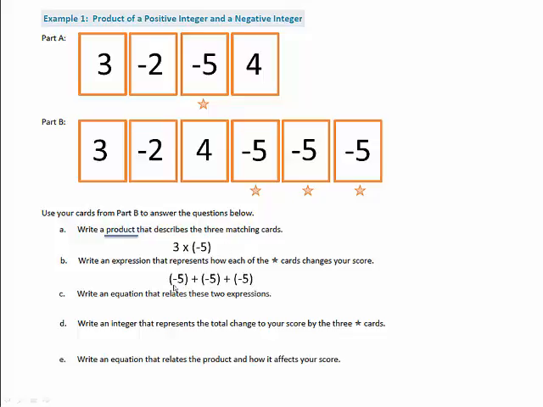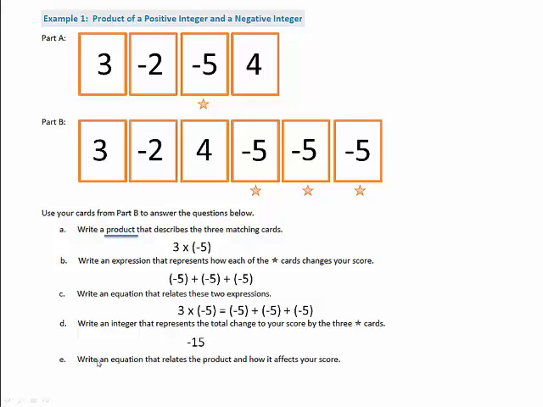Now, these 2 expressions give me the same value. Remember, repeatedly adding something is like multiplying it. So since I added the -5 3 times, I get 3 times -5. Now, if I think about decreasing my score by 5 3 times, that means the total is going to be decreasing my score by 15.